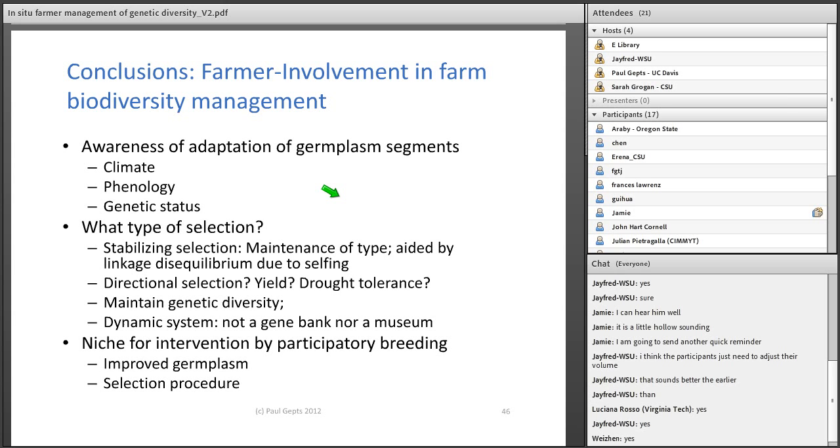So the other question is, I think that if you see two groups of cultivars, it's because it corresponds to different adaptations or different uses.